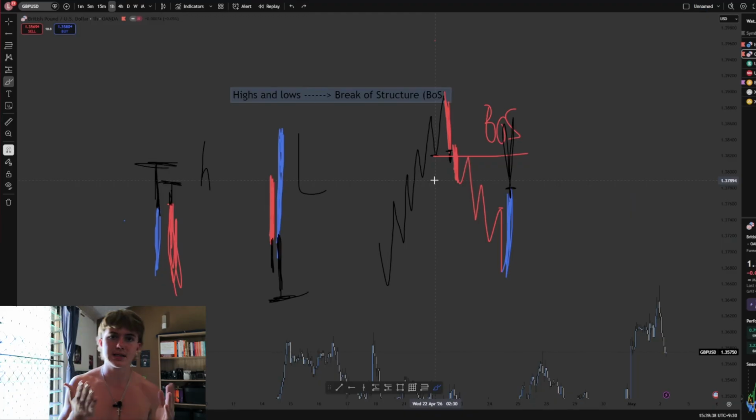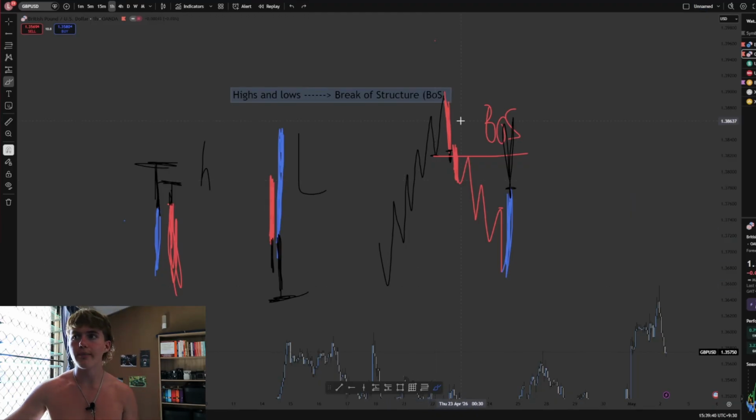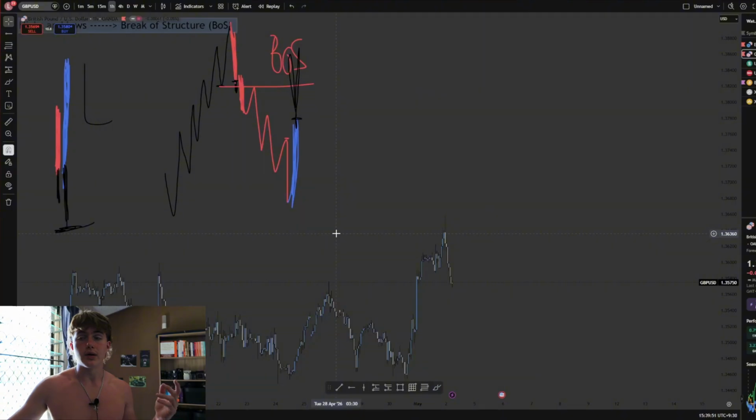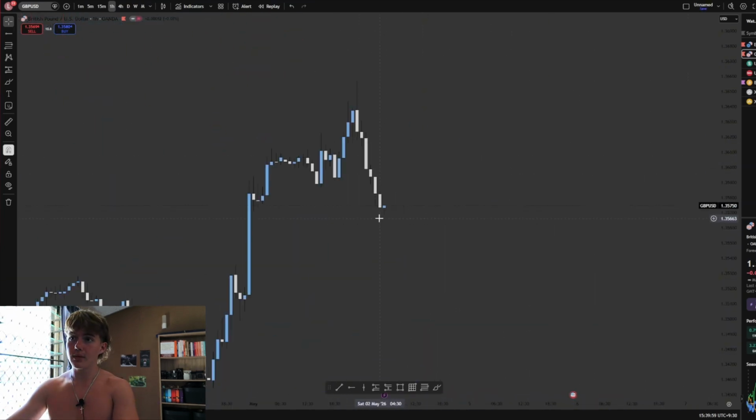It's basically a shift in trend. It was going up, and now it breaks the structure to the downside to change the trend and go down. However, this needs to be mixed in with other confluences.